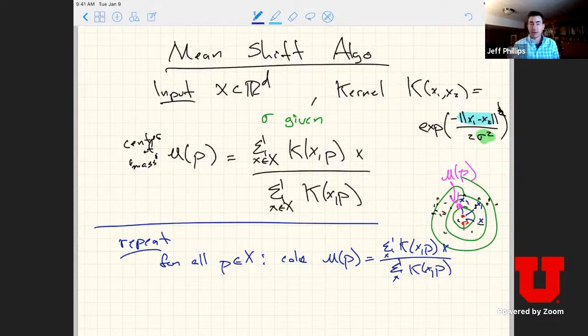So I'm calculating this center of mass, and then for all P in X, I'm going to shift each of these to its weighted mean.